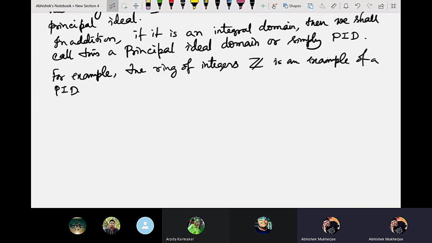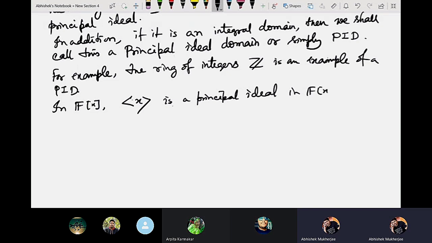Also, if we consider a non-zero, non-constant polynomial, the ideal generated by it is a principal ideal in F[x].